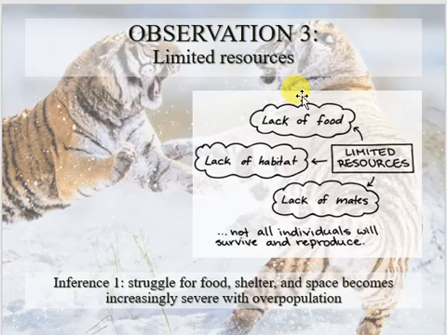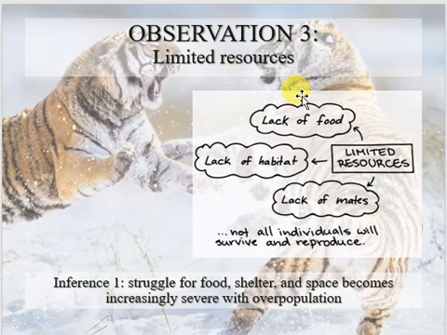When we say limited resources, we're referring to such things as restrictions in the availability of food or different food resources, or access to food sites, restrictions in habitat size, or different habitats within an ecosystem. Limited resources also refers to mates. So there can be limitations in availability or accessibility to different mates.